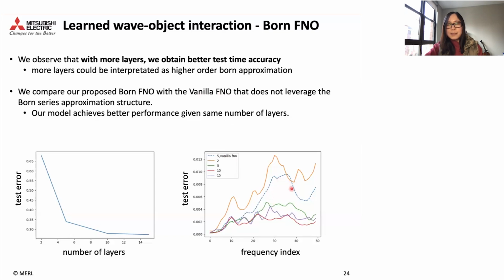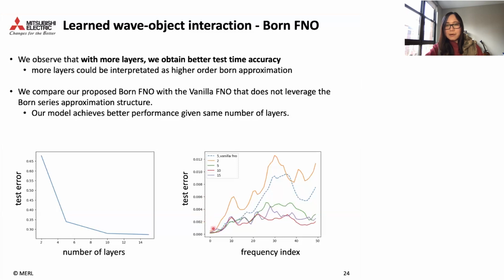This dashed line, so this is the test error as a function of frequency indices. So this frequency, not to be confused with the spatial frequency in the Fourier neural operator. So this frequency means the temporal frequency of the electromagnetic field.